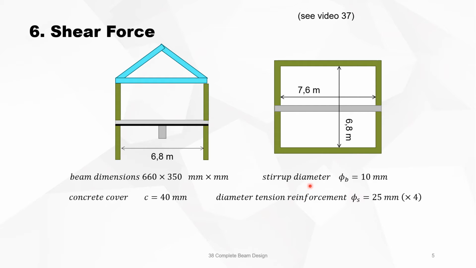We started with the assumption that the stirrup diameter was 10 millimeters, the tension reinforcement was four diameters 25, and the concrete cover 40 millimeters. The load in ULS was 52.79 kilonewton per meter and the bending moment 401 kilonewton meter.